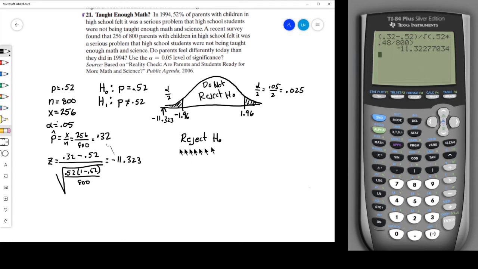In the case where we reject H0, we say there is enough evidence to support the claim.